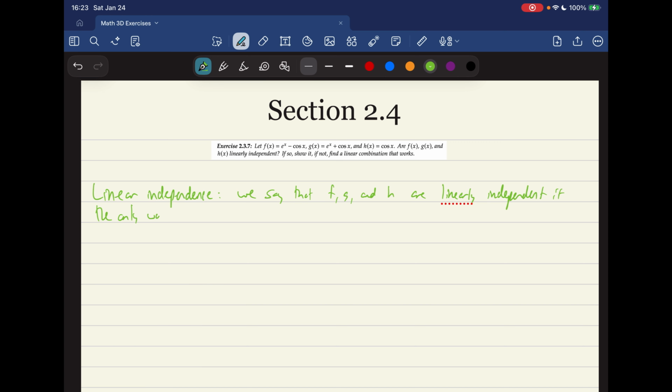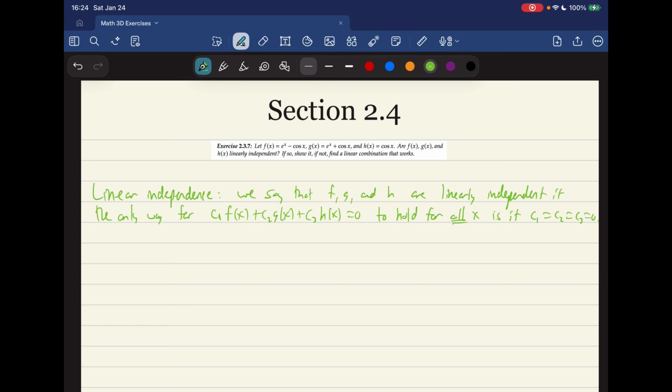the only way for C1 f of x plus C2 g of x plus C3 h of x equals 0 to hold for all x, and this is important, for all x, is if the coefficients C1, C2, and C3 were all actually 0 at the onset.